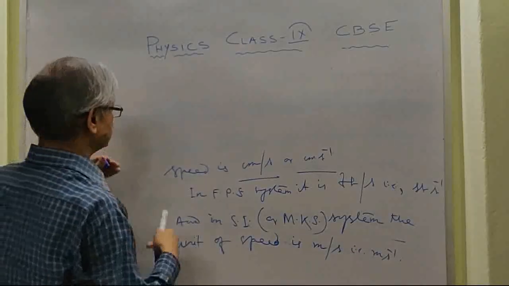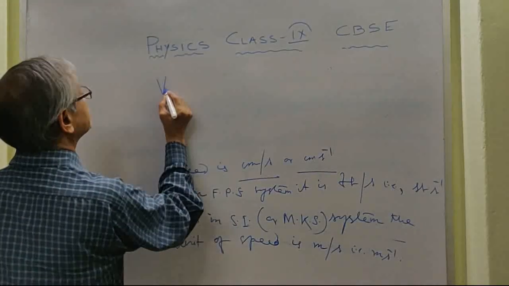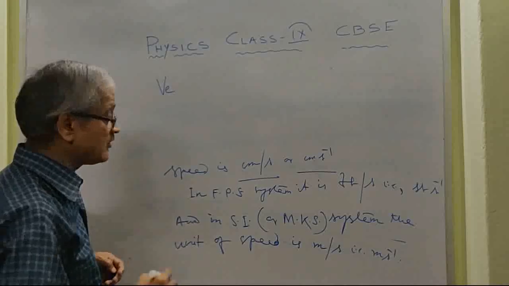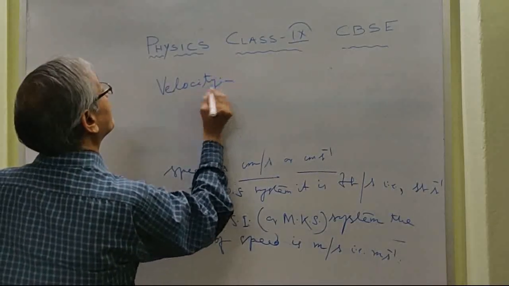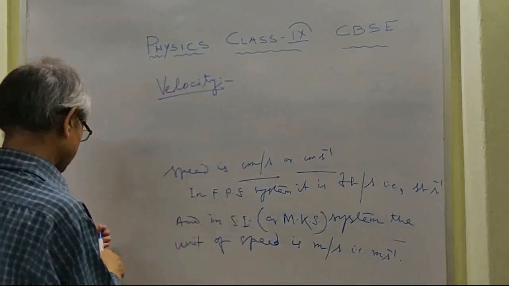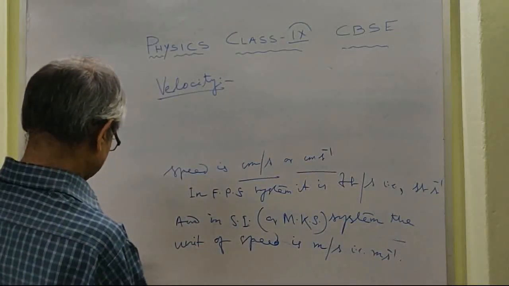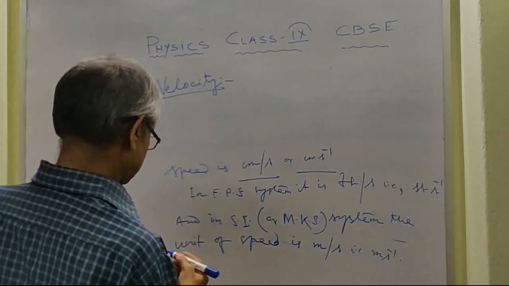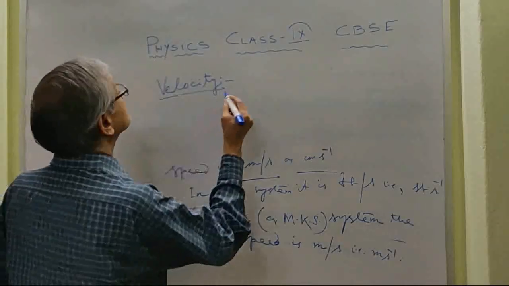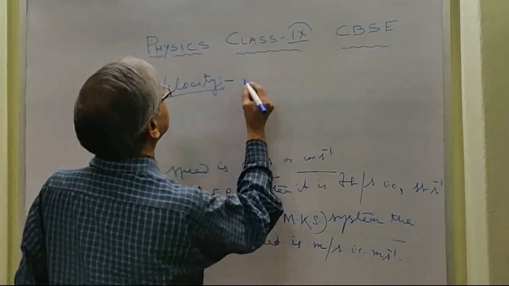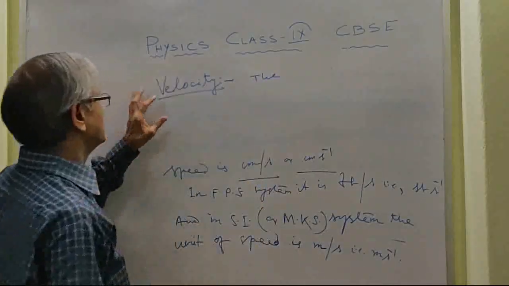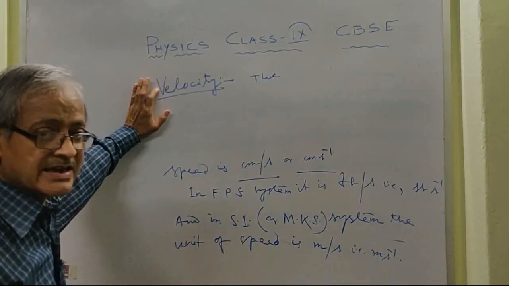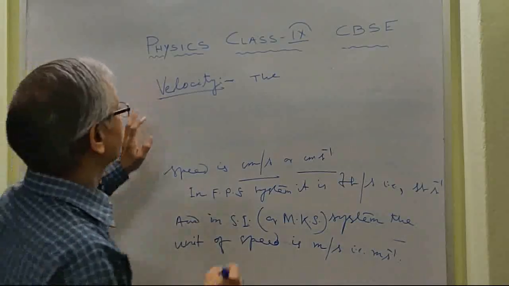The second topic is velocity. Here velocity is a vector quantity, hence we take displacement.